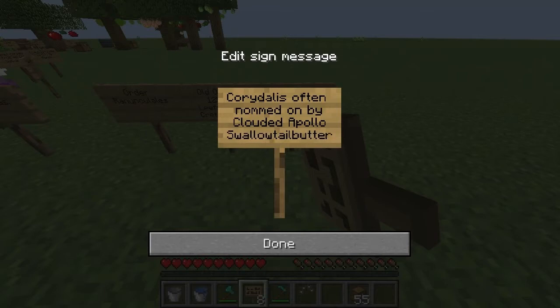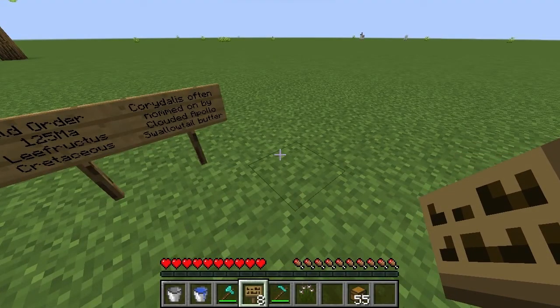That's interesting. I wonder if we'll just put. Let me do this. Swallowtail butter. Well, it's unlikely to be nommed on by butter, isn't it?